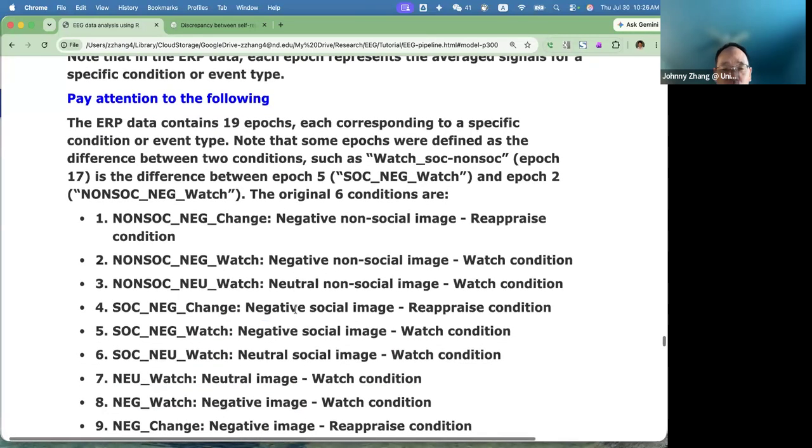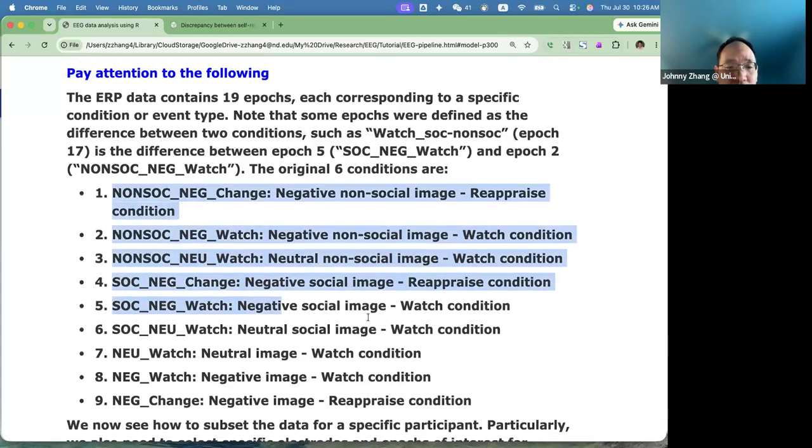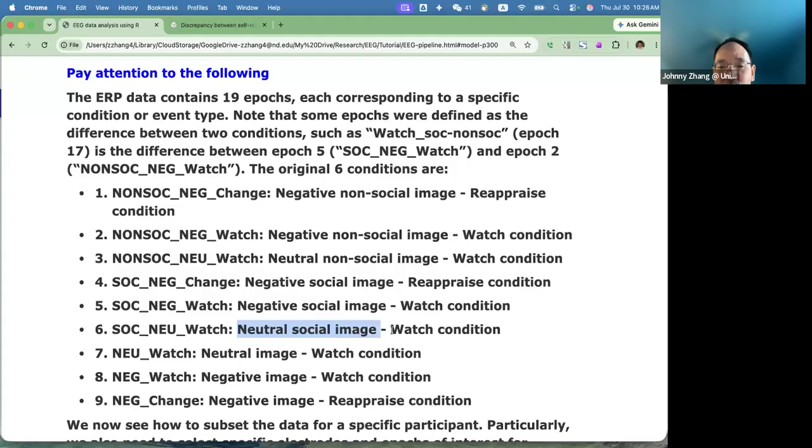In the data processing, they calculate other information. For example, the original six conditions are these: a non-social image, a negative image, and a praise condition. This is a neutral social image watch condition.